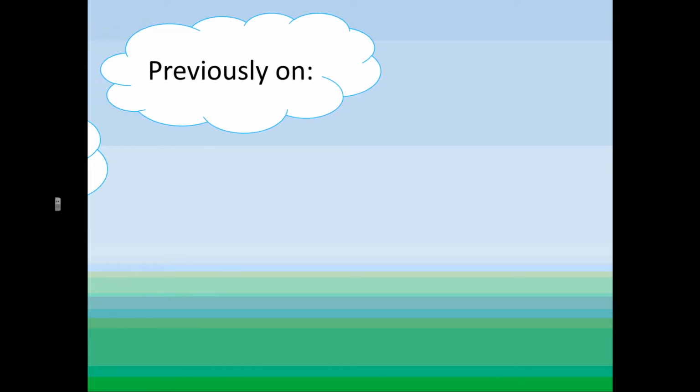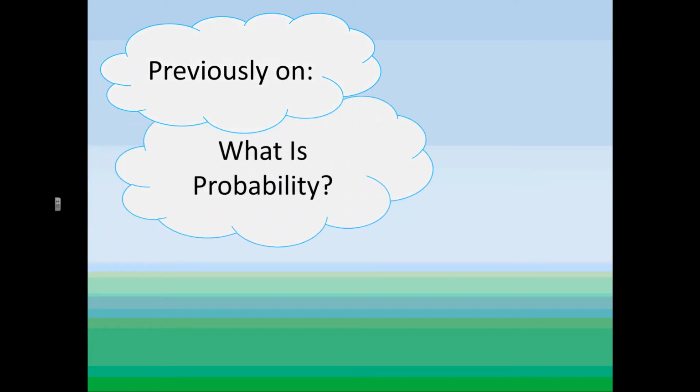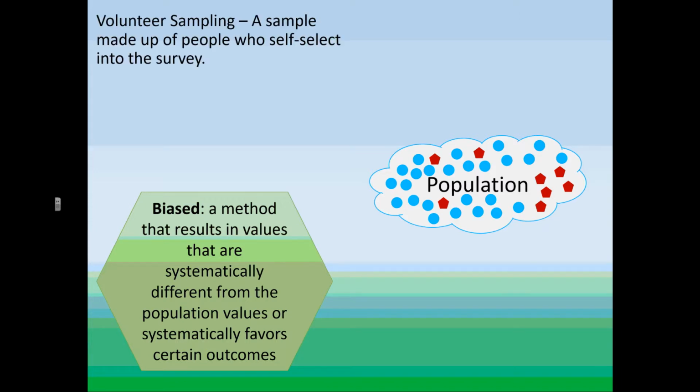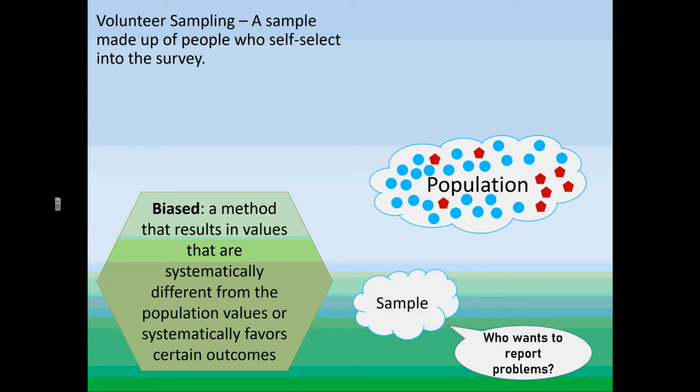Previously on What is Probability? So last time we talked about biased methods, and these are methods of taking things from the population for our sample and studying that sample, only when we take that sample, there are issues. We talked about volunteer sampling, where we ask who wants problems, and then we get all the people who answer have problems. That's the problem with volunteer sampling.